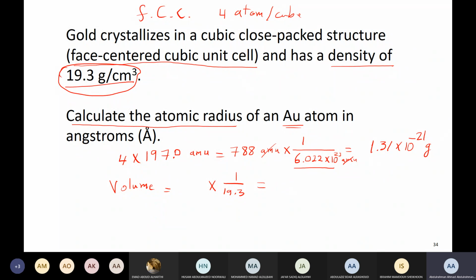What's the answer? 6.78 times 10 to the power minus 23 centimeter cubed. Exactly, then just keep it as centimeter, no problem. Okay, can you calculate a?